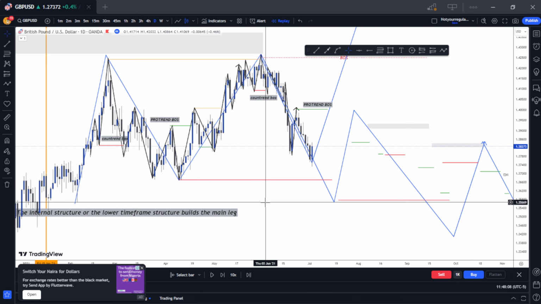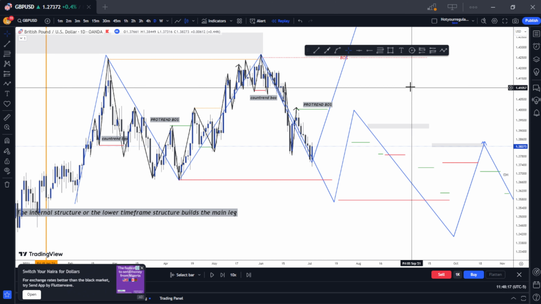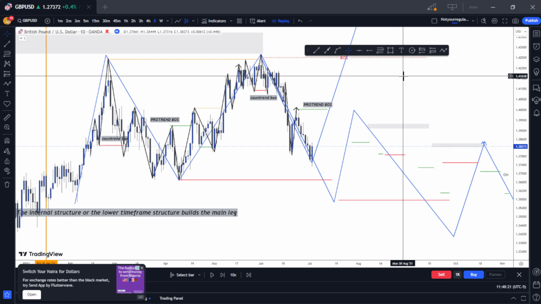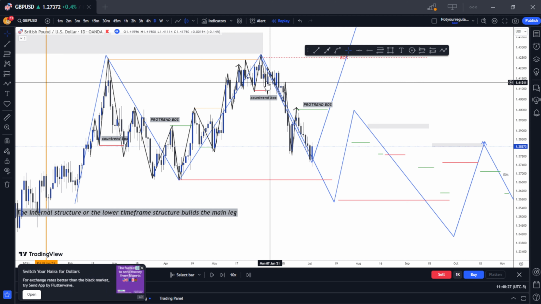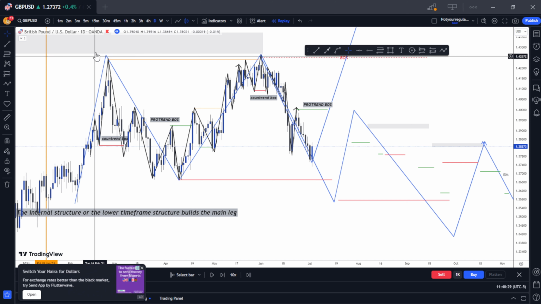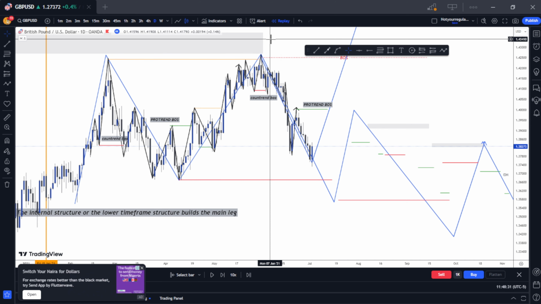Hope you guys understand everything I've said here. So, what are the key takeaways here? Firstly, when identifying structure, you need to identify where in the price cycle you are. Where are you currently in the price cycle? Did you just take out a main structure higher high?